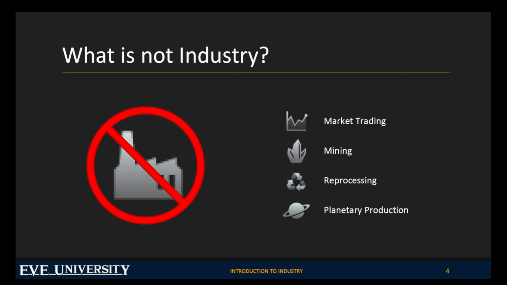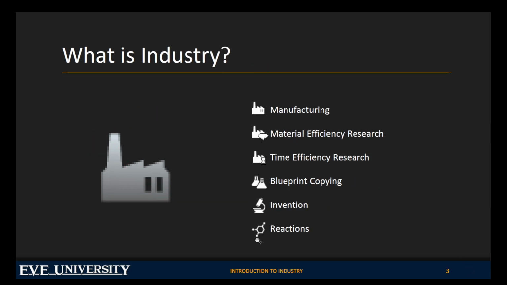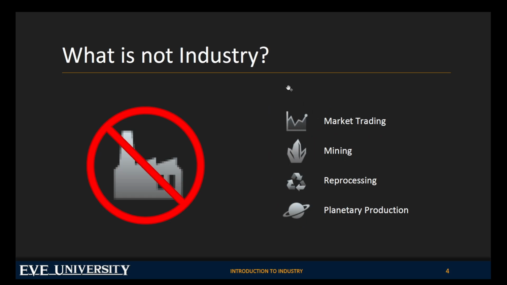They probably do some market trading, they probably do some mining, they do some reprocessing and planetary industry. In fact, one of the ways to reduce your cost of doing industry is to do these non-industry activities.